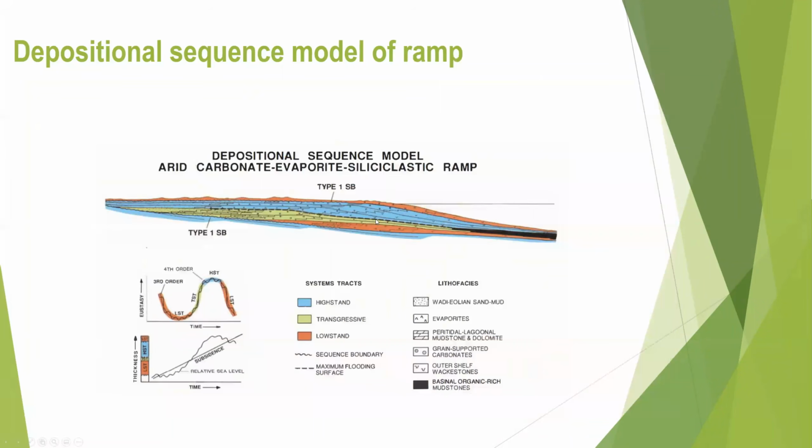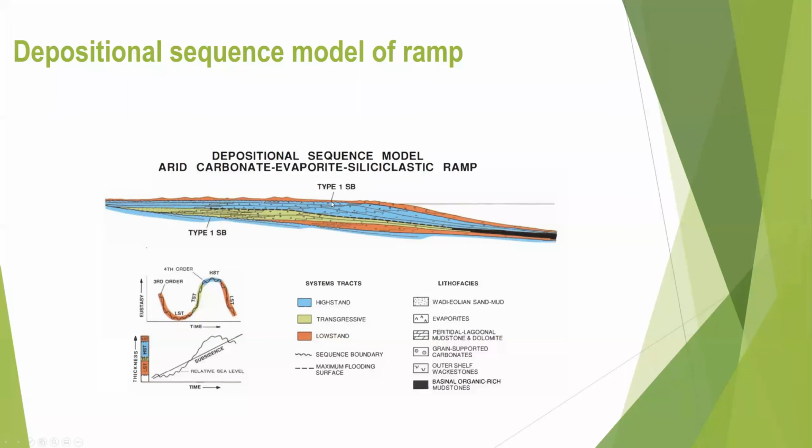But for the ramp system, you can see that we have those types of sequences or systems tracts over in this area, but you can see the depth is not as much as the rimmed shelf system, but we have, for example, lowstand wedge, lowstand fan here. Again, we have the TST here with thin layers, and again, very extensive, actually, the highstand systems tract in this area.